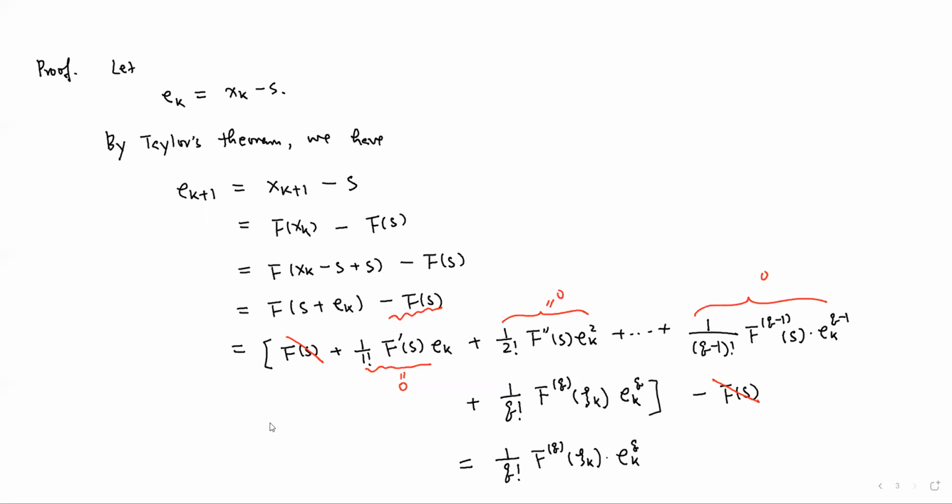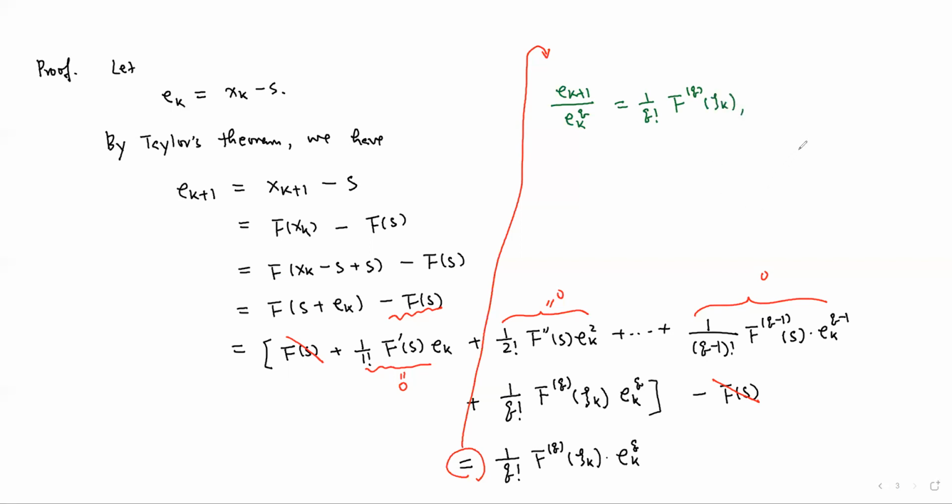Now, from the final equation, I move ek to the q to the left side. We have ek plus 1 over ek to the q is equal to 1 over q factorial f derivative q evaluated at psi k.